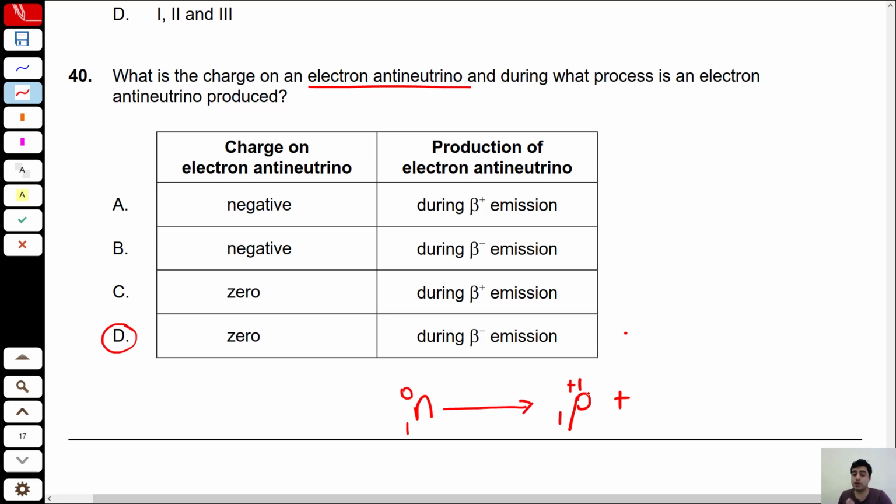We already have a positive charge, which is a proton, so there must be some negative charge produced here, which is actually beta negative, beta with a negative charge and approximately 0 mass, because it has a mass equivalent to the mass of the electron, plus an antineutrino is also produced. This is the full nuclear equation that is involved. So the charge of electron antineutrino is 0. It has to be 0 because the charges are already conserved. And production of electron antineutrino happens during the beta negative emission. Alright.